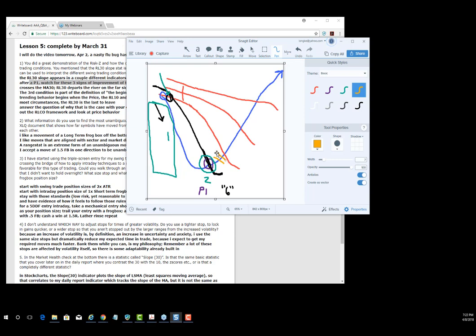So this dragon has come down here, and when the RL10 crosses the dragon right here, that gives you the third element of an owl. The fourth pattern is that the dragon has started to slope upwards. So when you look at the slope, it has bottomed out and started to go up. So that's number 4.